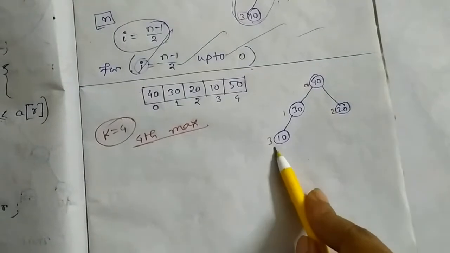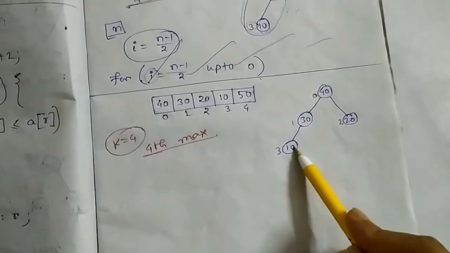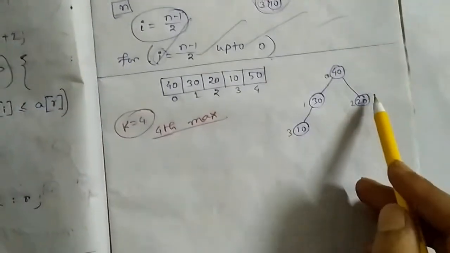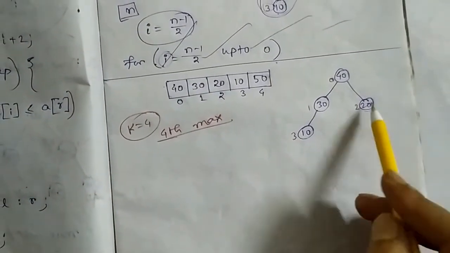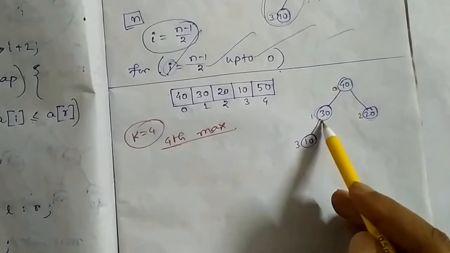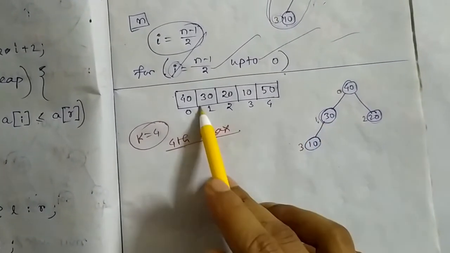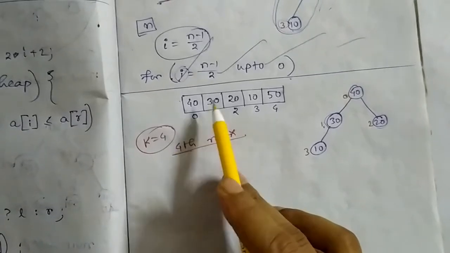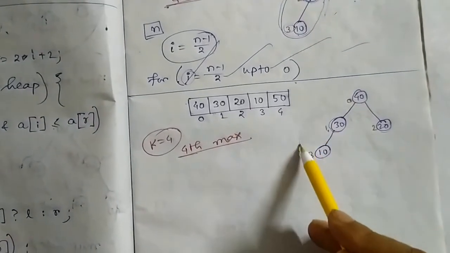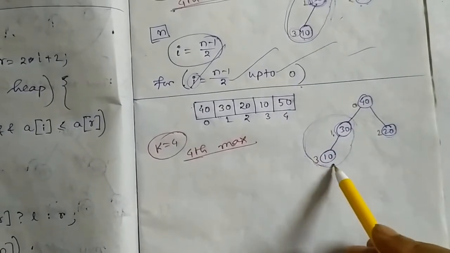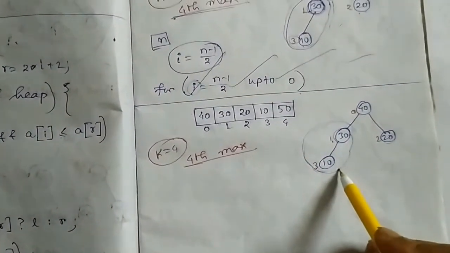Here 10 is a leaf node, so I don't have to check for 10 because 10 itself is a min heap. 20 is a leaf node, so 20 itself is a min heap. Now I come to 30, that is at index 1 of our input array, and I have to check whether this subtree of the heap is a min heap or not.